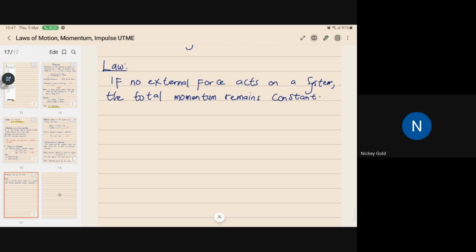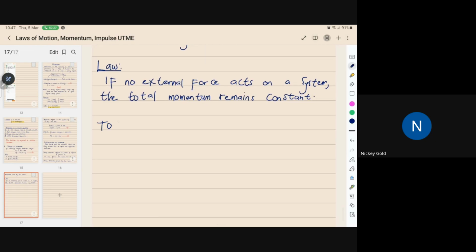So mathematically, it simply says that total momentum before collision equals total momentum after collision.